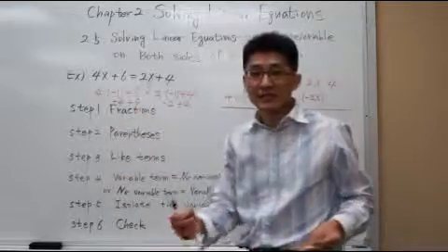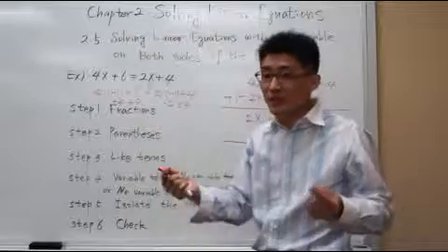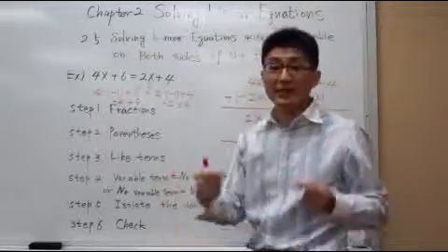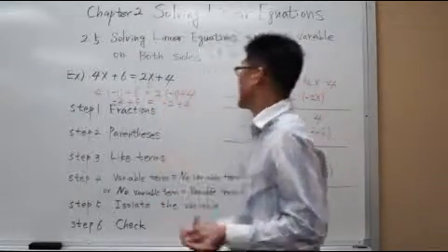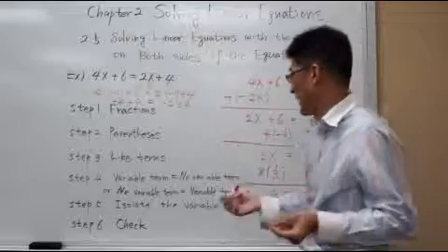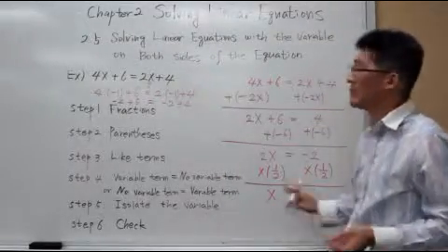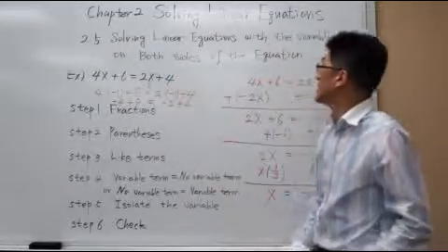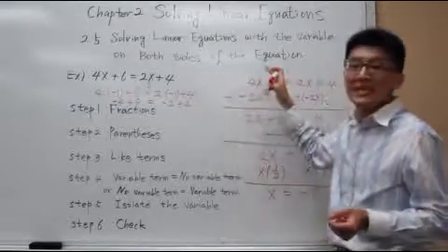The left-hand side gives us minus 4 plus 6, which is 2. The right-hand side, minus 2 plus 4, is 2. So the left-hand side equals the right-hand side, and we pass the check. Hence x equals negative 1 is the solution of the linear equation with the variable x on both sides of the equation.